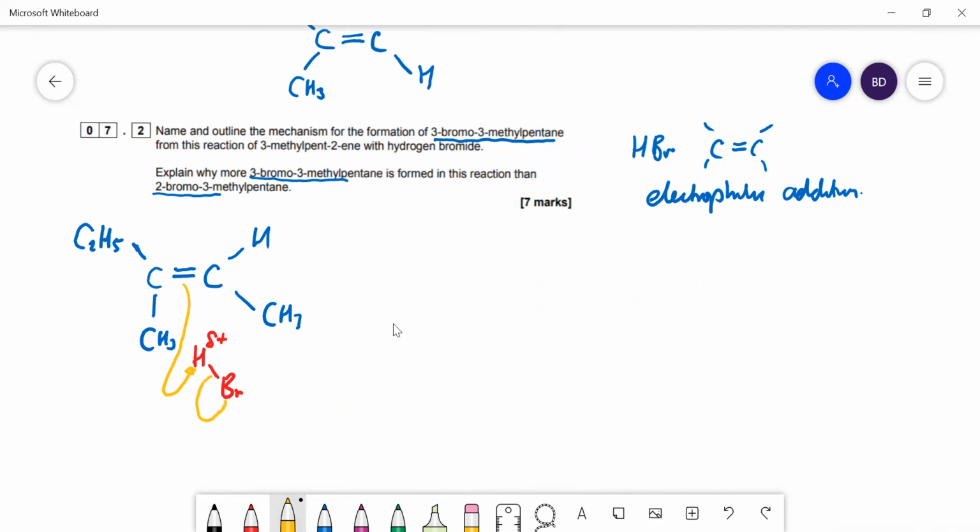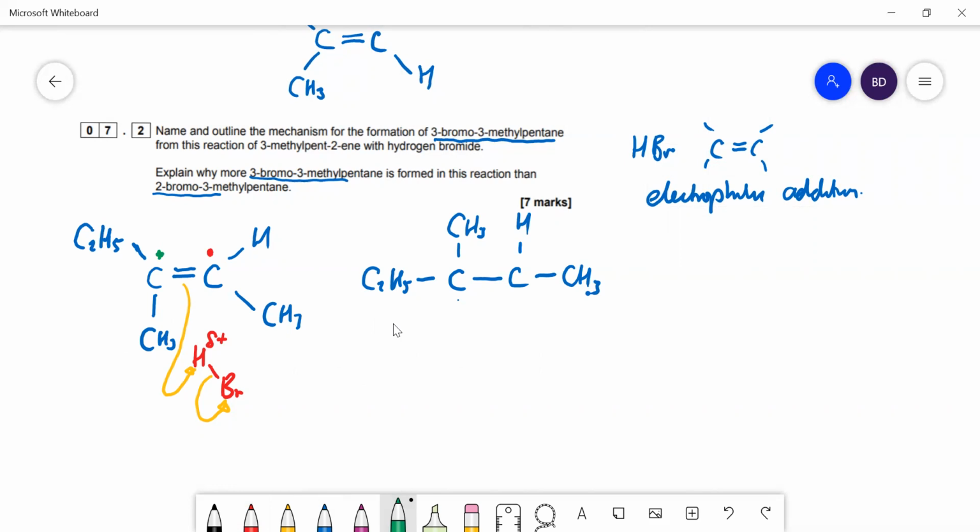Both electrons go to the bromine. So if we draw the product there, we're going to have a C2H5. So this is the intermediate, sorry. We're going to have a methyl group here. Now we can have the hydrogen sticking onto either, we can either draw it so the hydrogen goes to this red carbon or to the green carbon.